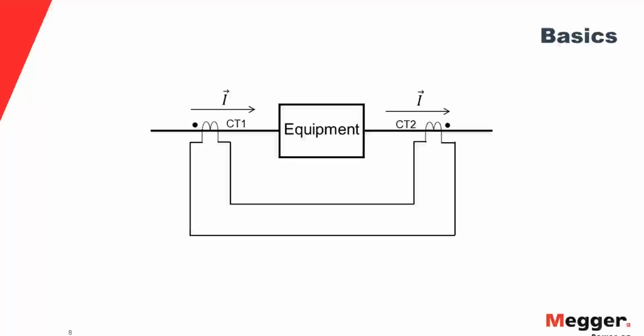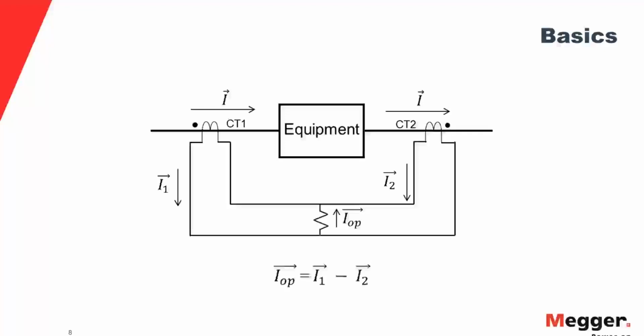If I put 2 CTs across that equipment, as shown, CT1 and CT2, and you can also notice that the polarities are different in this case, and let's assume that the currents are I1 and I2 on that circuit.